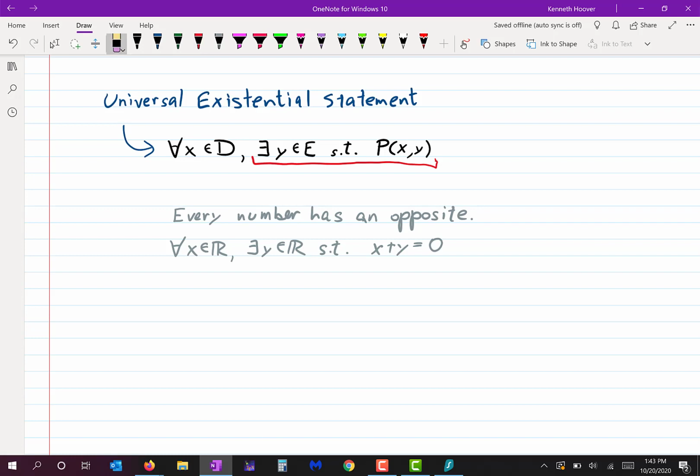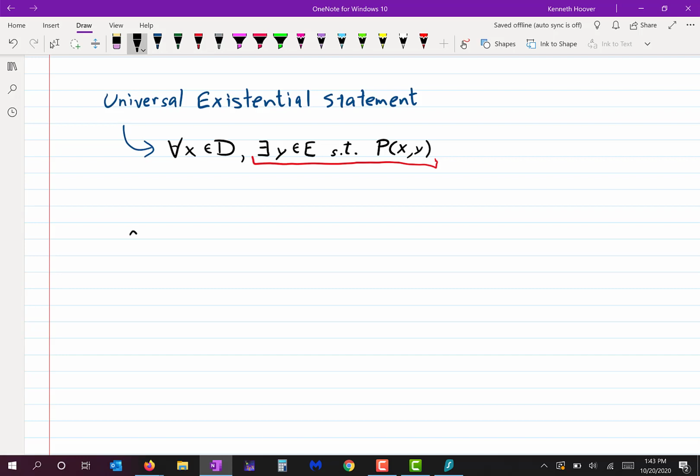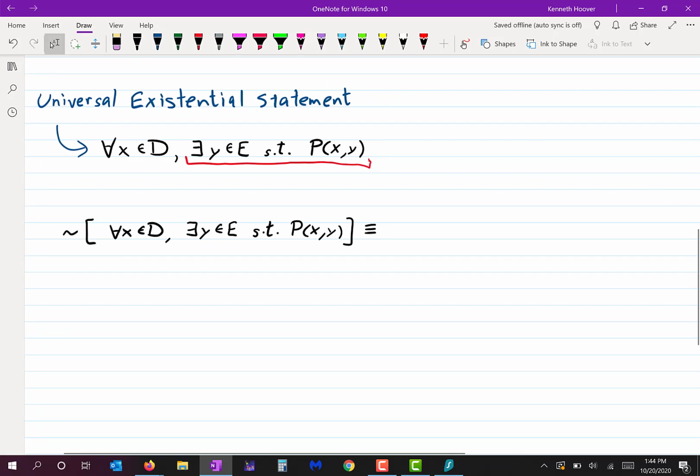Now, how would you negate something like that? Well, technically you already know how, don't you? Because it's the first thing we did in this lecture. Negating a universal statement. So let's write this down. Negate this universal statement where the part after the comma happens to be an existential statement. So you technically know how to do this already. What should I do?